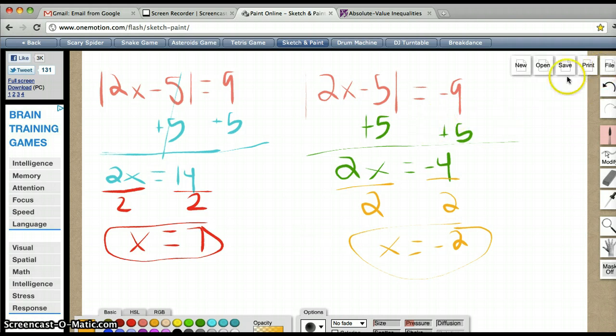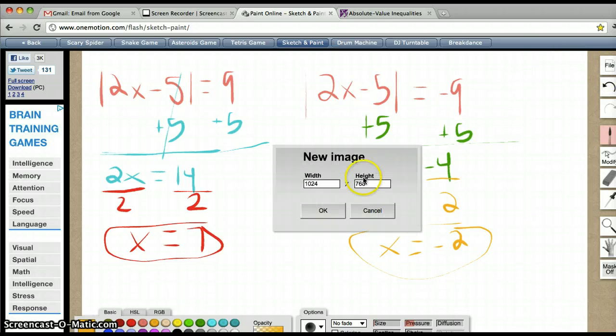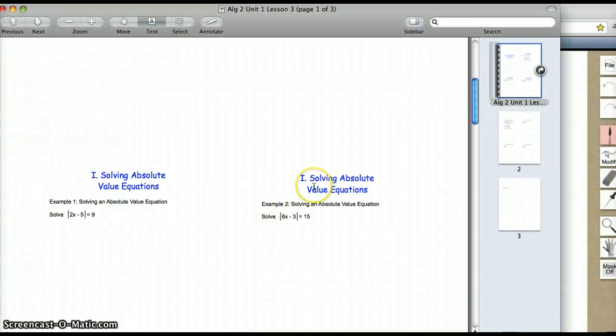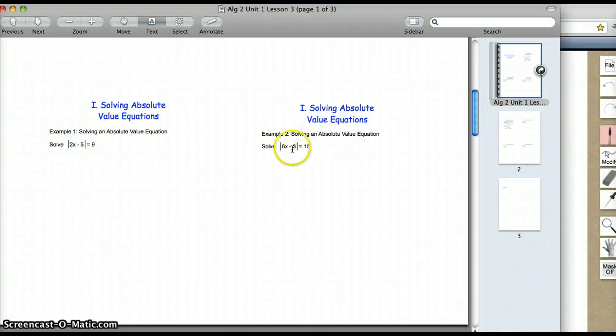Okay? We'll go ahead and try another one. Let's go ahead and look at the next one. We've got solving absolute value equations. We've got the absolute value of 6x minus 3 equals 15. Now again, you've got to do 6x minus 3 equals 15, and the absolute value of 6x minus 3 equals a negative 15.